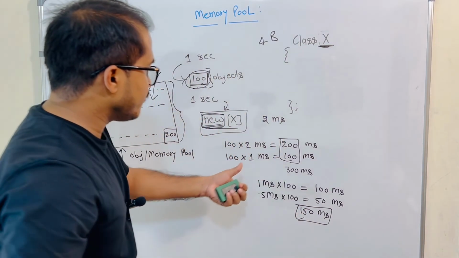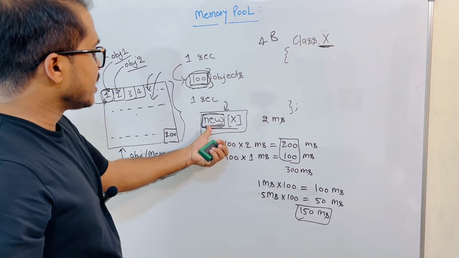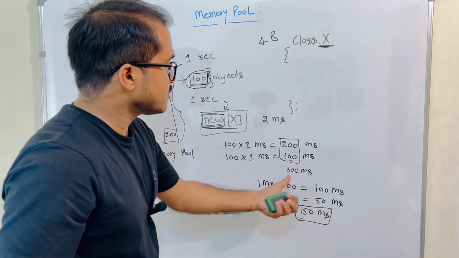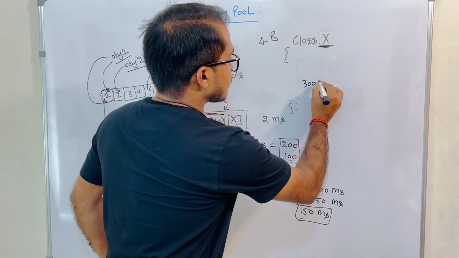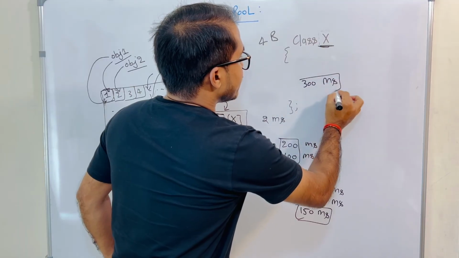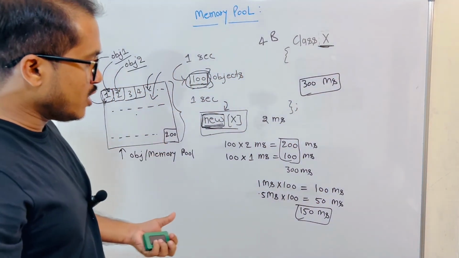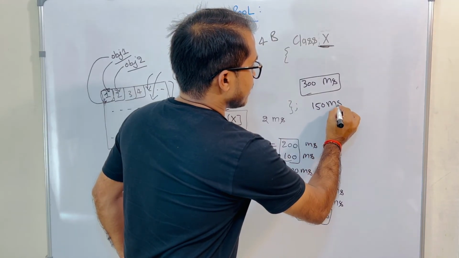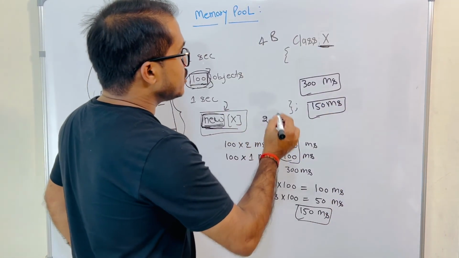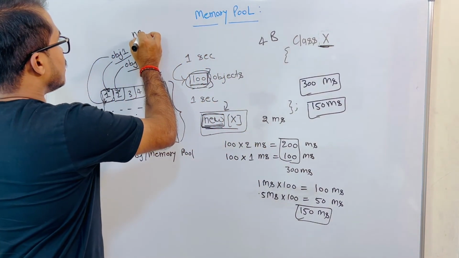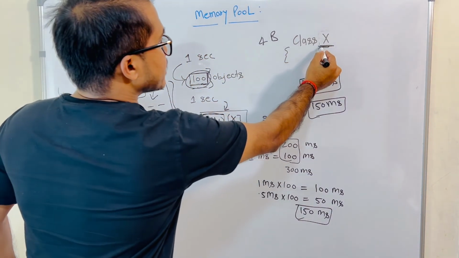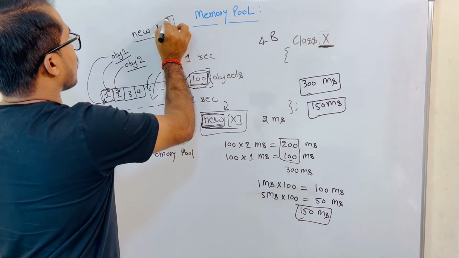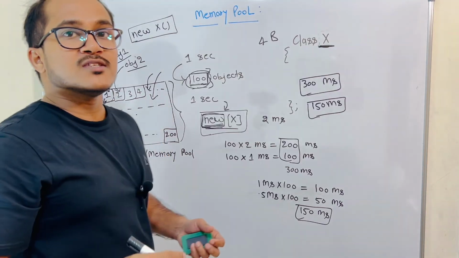Earlier, when we were creating memory using the new keyword for these 100 objects, the total time was 300 milliseconds. But with the memory pool, it comes out to 150 milliseconds. Why is this so? When we use new to create memory for class X, internally our system makes a system call, and that system call is very expensive.